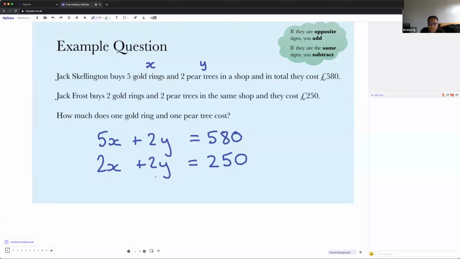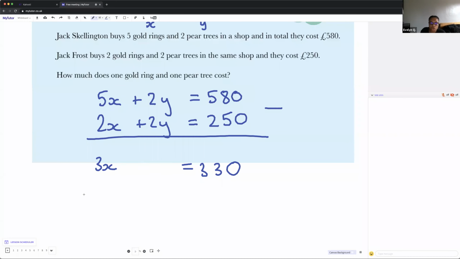Now my y's are the same. I've got 2y and 2y. They both have the same sign. So I'm going to subtract my equations using that hint at the top. So 5x minus 2x is 3x. 2y minus 2y is 0. And 580 minus 250 gives me 330.